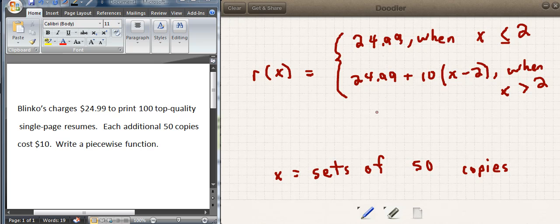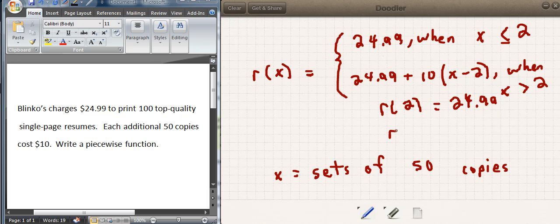So to do an example here, to understand this problem, if I wanted to figure out what is R of 2, R of 2 simply represents in this situation 2 sets of 50, which is 100 copies. It's going to be $24.99.